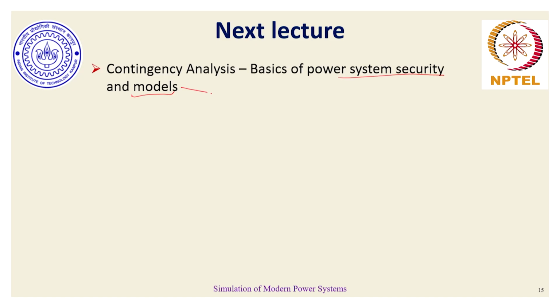By models, I do not mean mathematical models. Rather, these models pertain to certain process flow models which explain or indicate what control action should be taken so that system security is maintained. We will discuss more on this in the next discussion.